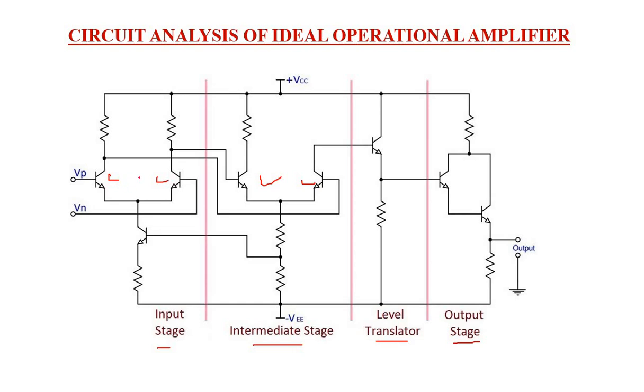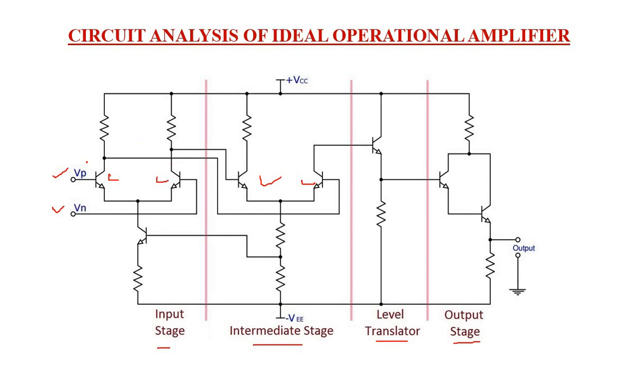This differential amplifier of the input stage is a dual input balanced output differential amplifier, and this is the VP, the positive side of the terminal. It is also known as the non-inverting input terminal, and VN is the negative side of the terminal, that is the inverting input terminal.